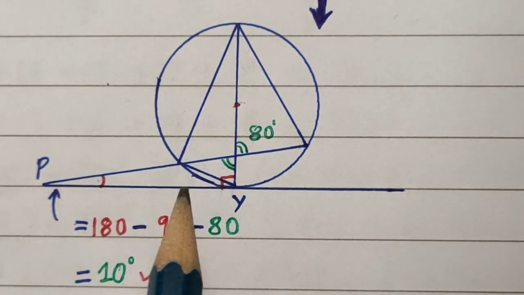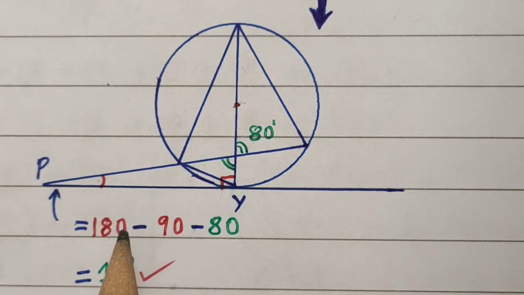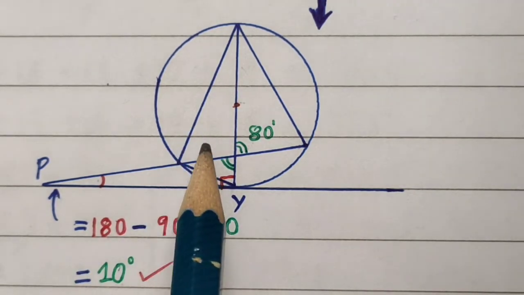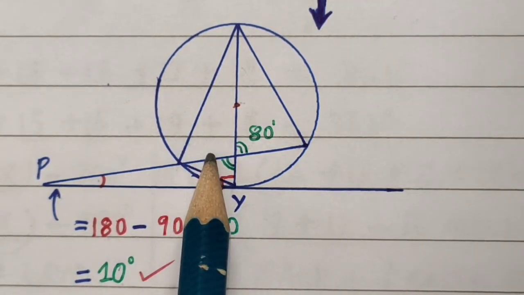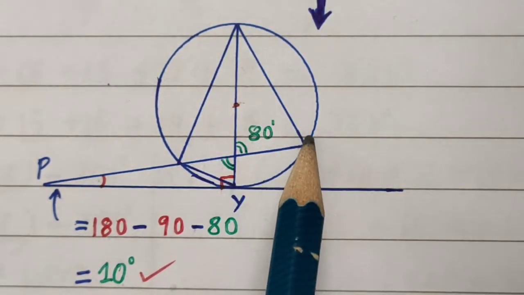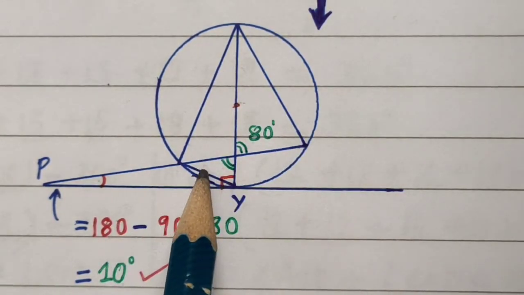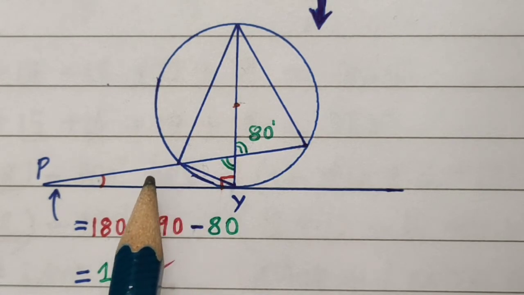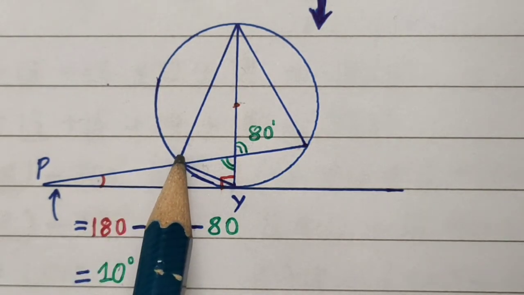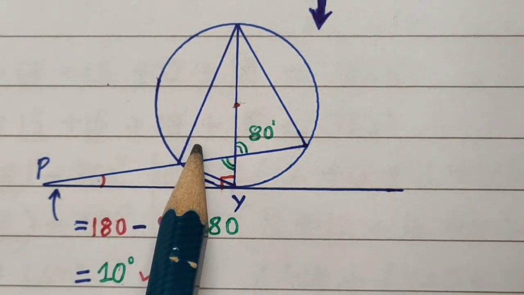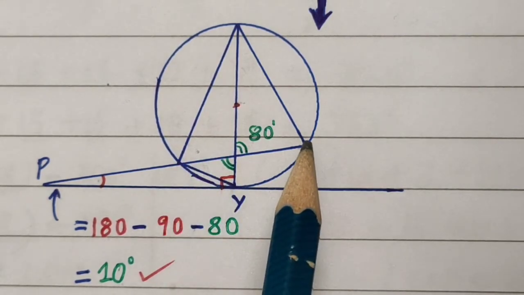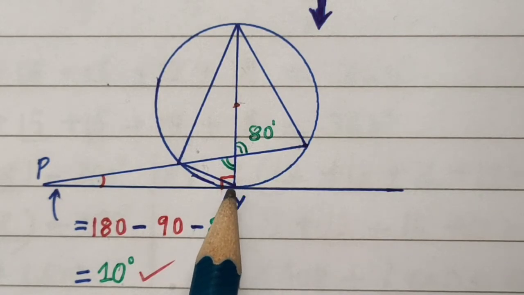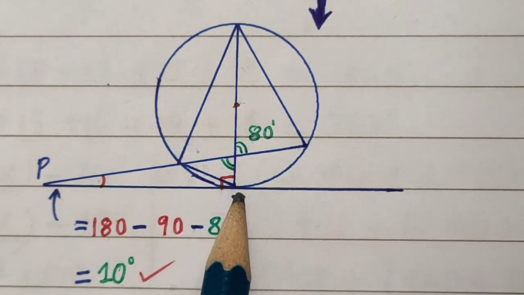I'll recall once again. First what we did, we found out this angle because we knew this and this, and we found out this small angle because angle in a semicircle is a right angle. This was 90 degrees and we found out this is 60, 90 minus 60 will give 30. We also know that the angles in the same segment of a circle are equal.